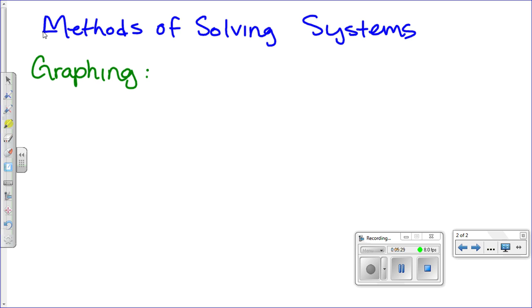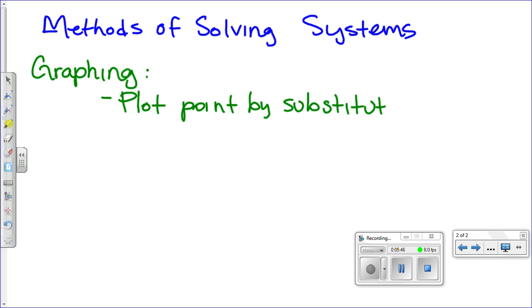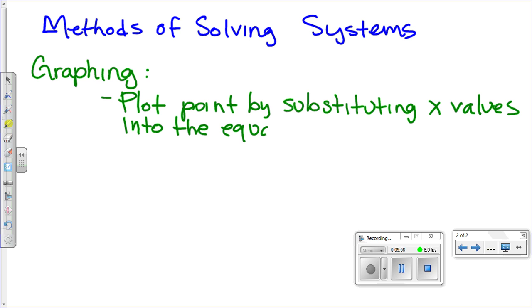And so to solve a system by graphing, you could use several things. You could either plot points by substituting x values into the equation to find y values.